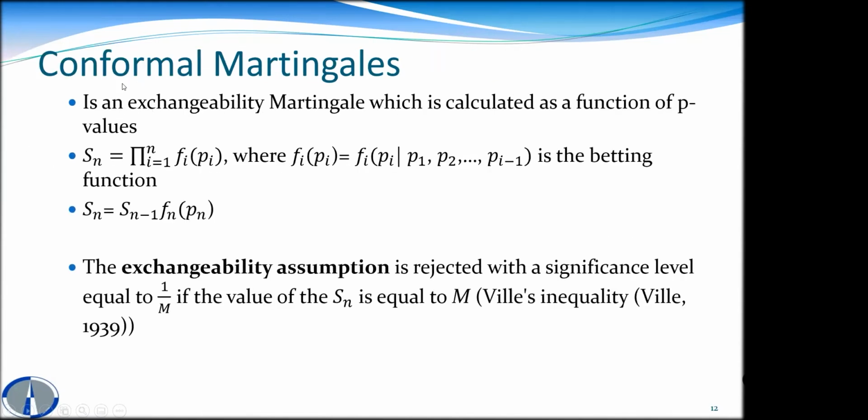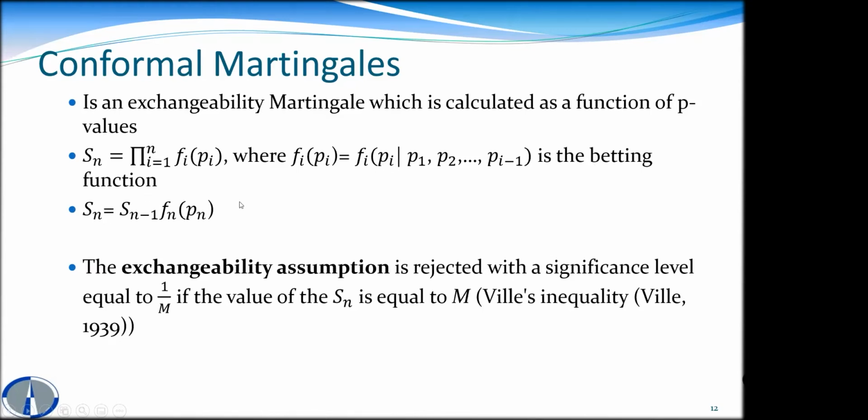Now, a conformal martingale, which is an exchangeability martingale calculated as a function of p-values, is this product where fi is the density estimator, which is used as a betting function. fi is calculated with the help of the previously seen p-values, and we apply it on the new p-value of the current example.